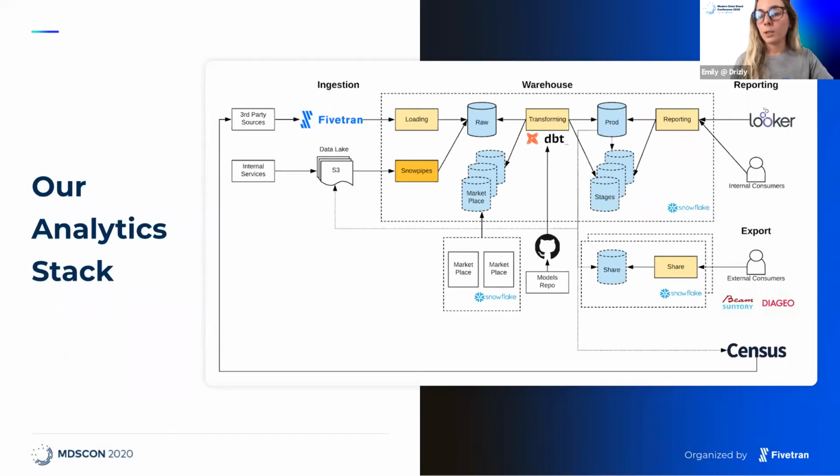And then, as I mentioned, we're using Census now to take some of our transformed data back into some of our third-party systems, such as Salesforce and Zendesk, which a lot of our operations teams are living in day to day. So it really helps us to pull some of that data back into the tools that they're using.